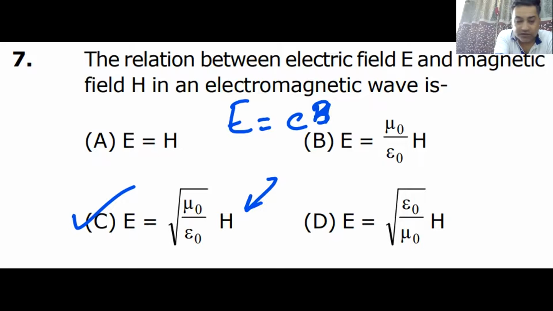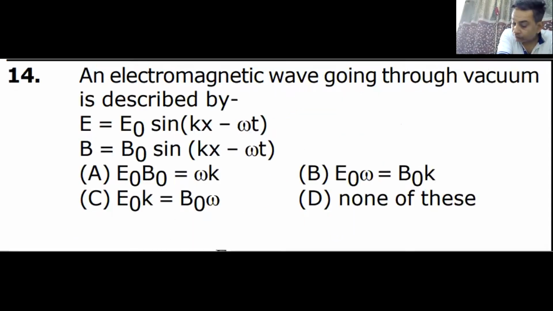One more of this nature. Same thing asked in a different way. An electromagnetic wave going through vacuum is described by E is equal to E naught this, B is equal to B naught this. Which of the following equations is correct? Remember the basic formula. If you remember the basic formula, you will be able to answer this.